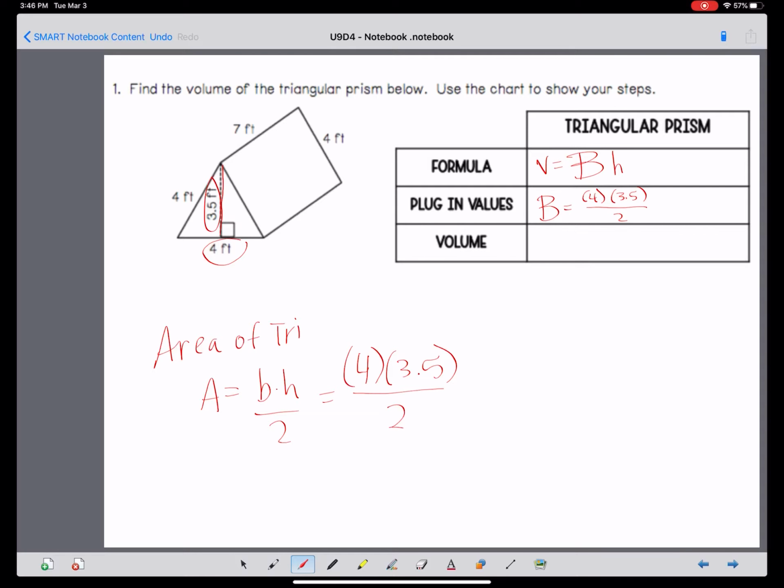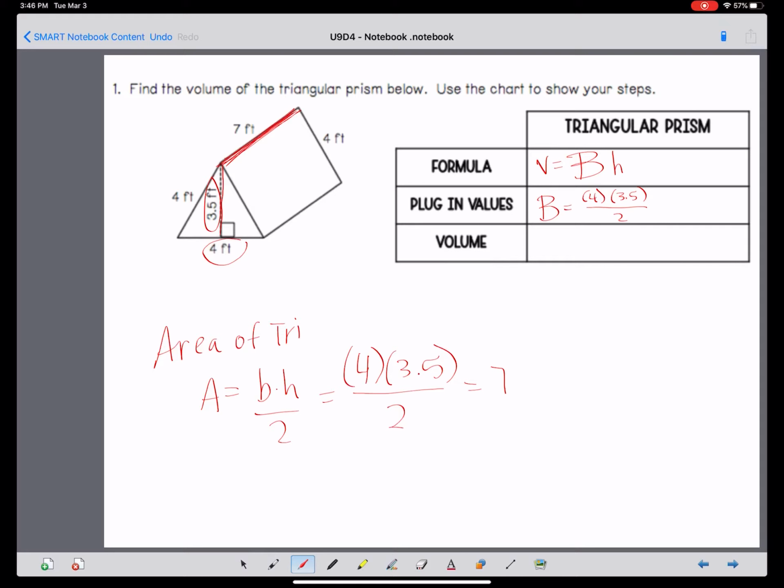Now we need to know what our volume is going to be. Let's plug in some numbers. I need to do 4 times 3.5 divided by 2, and I just got 7. So now, if we plug in 7 for the area of the base, all we have left to do is to multiply by the height. Now the height is going to be our distance between the two bases, and that's going to be 7.